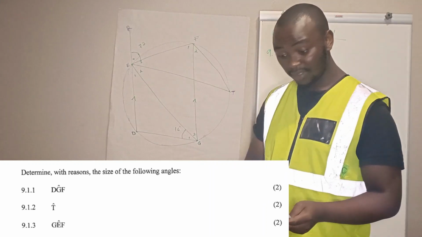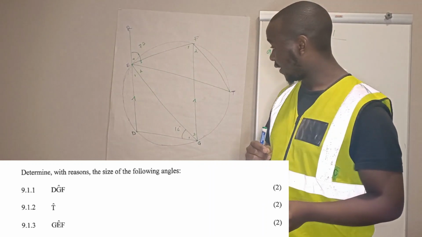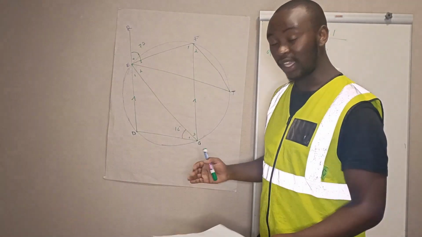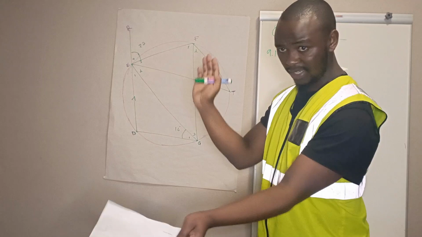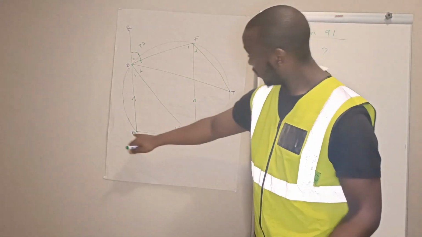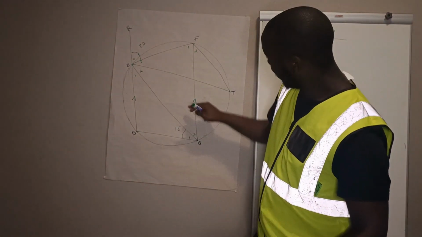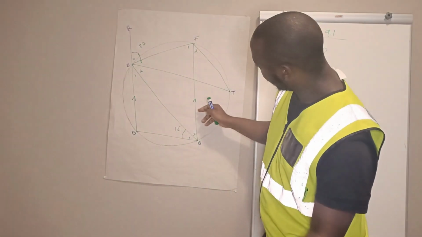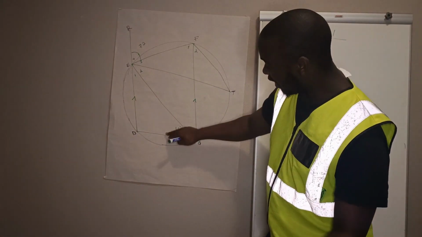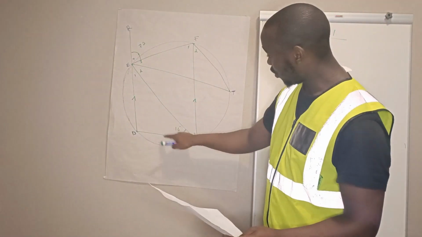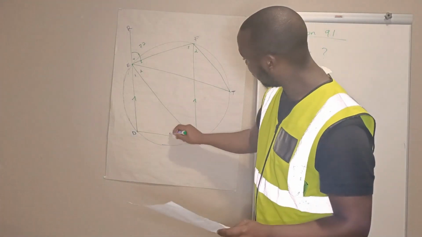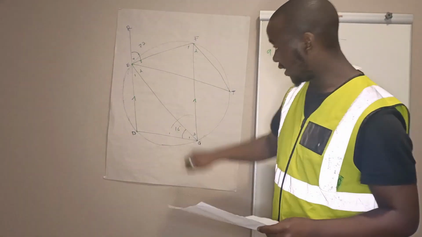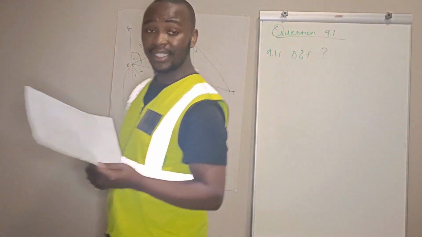So for this question, DGF is the location of the angle that is enclosed by the straight lines that are meeting at point G. So DG is a straight line and GF is a straight line. If you look at where they intersect, you look at the whole angle that they form. So that is your angle that is needed. So that is your DGF. So we're asked to calculate the value of that angle. So where is that angle?